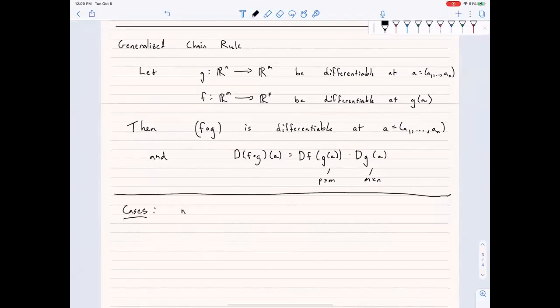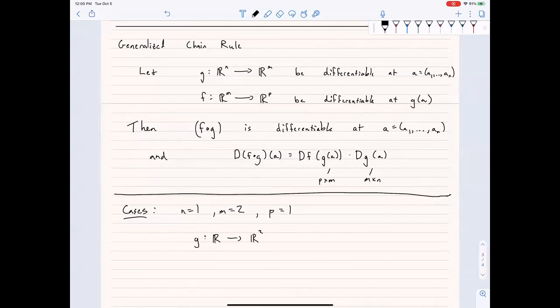We'll say N equals 1, M equals 2, and P equals 1. So in this case, G is what we've been thinking about as a vector valued function. It takes a single variable and returns two variables. Think of this as a path in the plane.